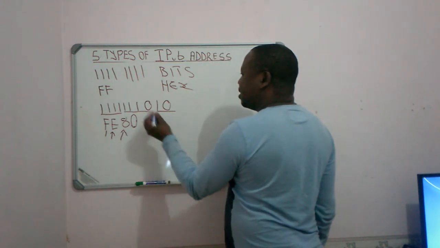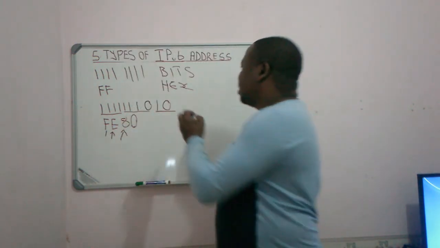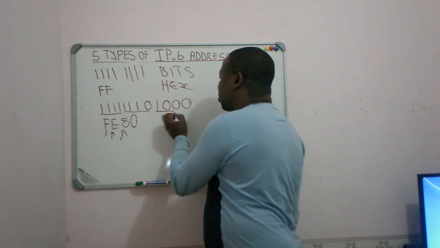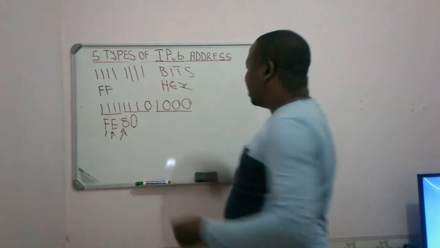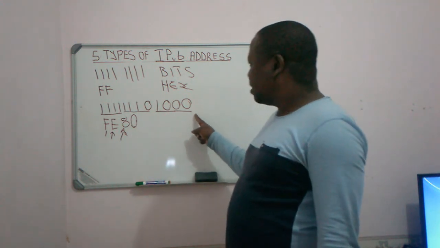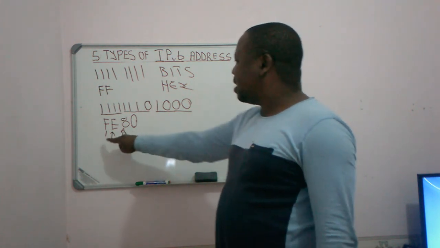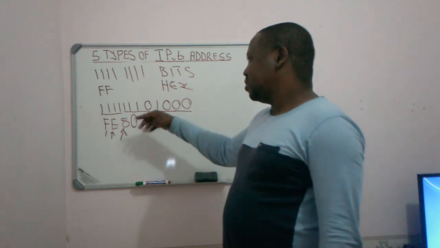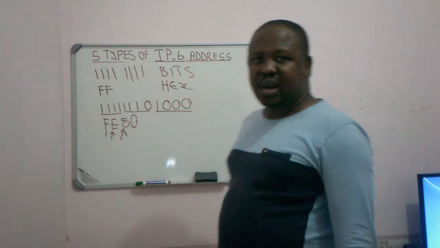Why an 8? Remember, I said the first 10 bits, meaning the following bits are going to be 0, 0. So that's why we get an 8. So the first 12 bits are like this. That's why we get FE8, normally FE80. That's our link local address.